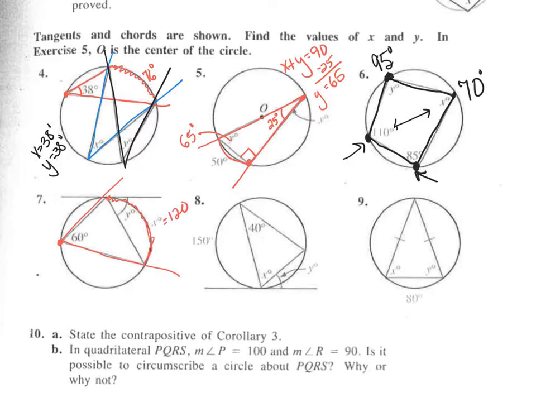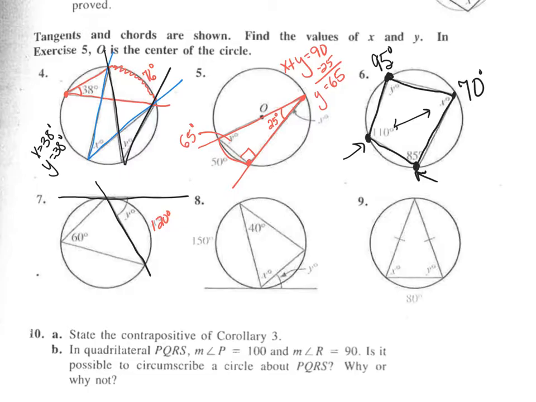Okay, but now let's look at that Y angle. That Y angle is the one that's created by a secant and a tangent at the point of tangency.